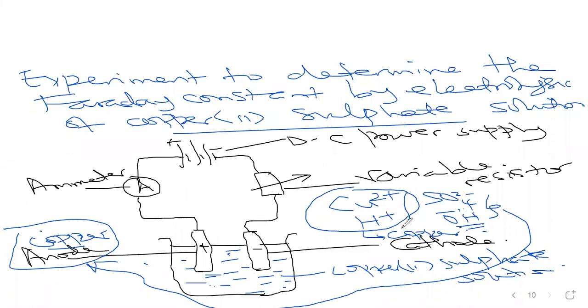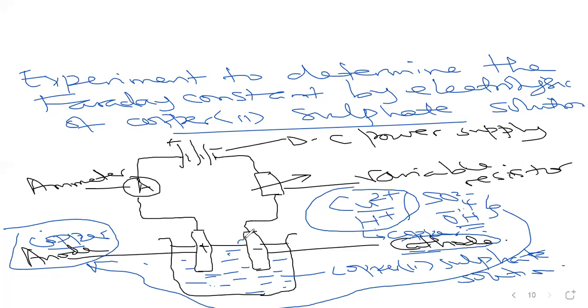Then at the cathode, copper ions and hydrogen ions migrate. When they migrate there, the hydrogen ion is not discharged due to the nature of the electrode, but instead the copper is deposited. I think here the knowledge of electrochemical series comes into play. Which ion is lower than the other in the electrochemical series? The copper 2 ion. So the copper gets deposited at the cathode.